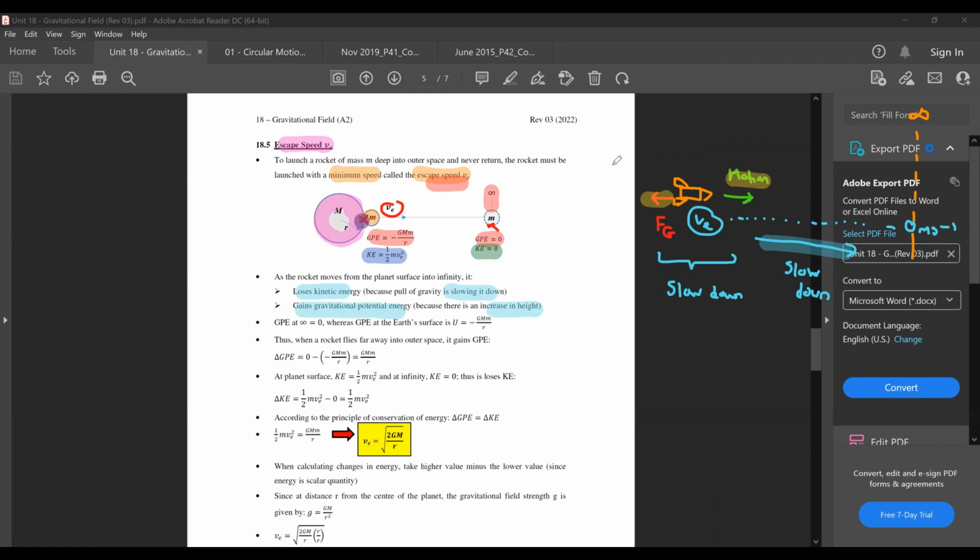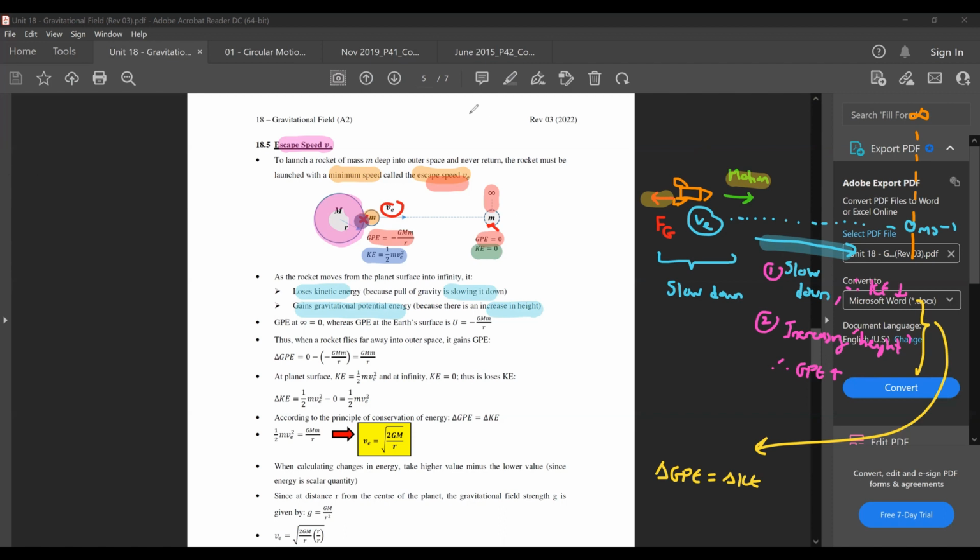Now if you try to apply conservation of energy, let me write some stuff here. This one is you slowing down, therefore KE drops. This one is you increasing height, therefore GPE increases. If you apply conservation of energy, the gain in GPE equals the loss in KE.